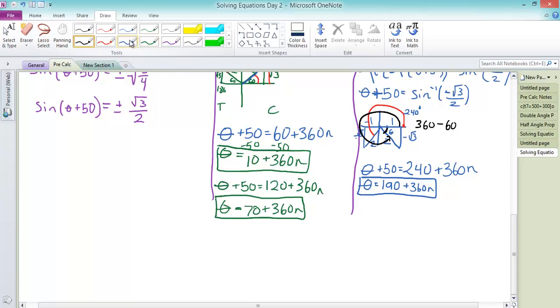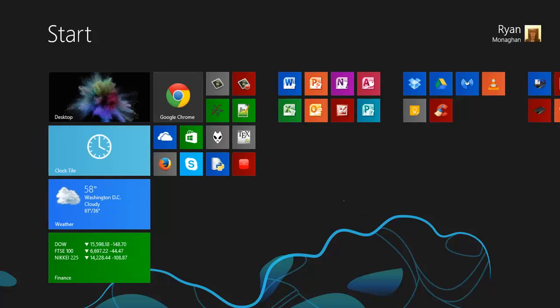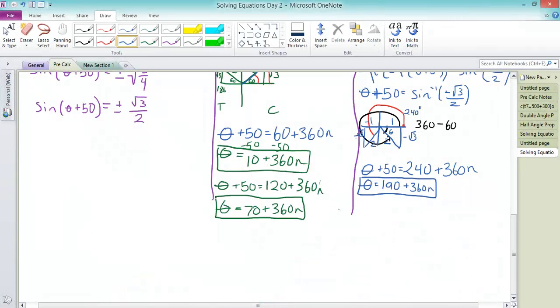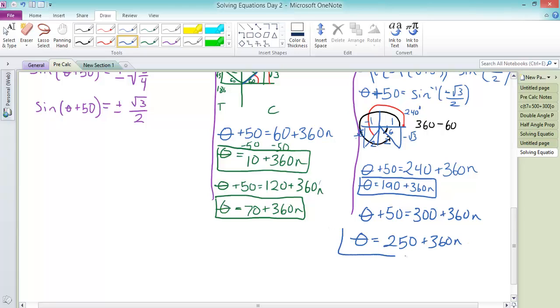So theta plus 50 is equal to 300 plus 360n. I'm going to subtract 50 from both sides. I get theta is equal to 250 plus 360n. That is my last general solution.